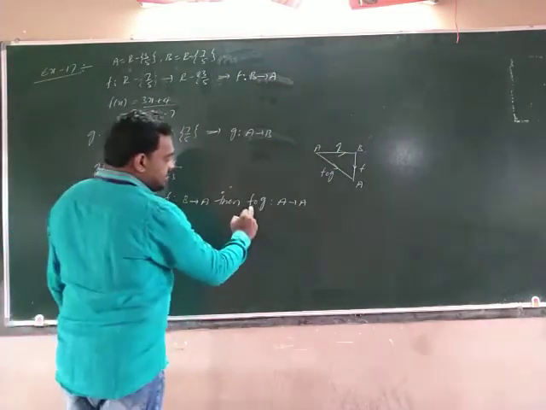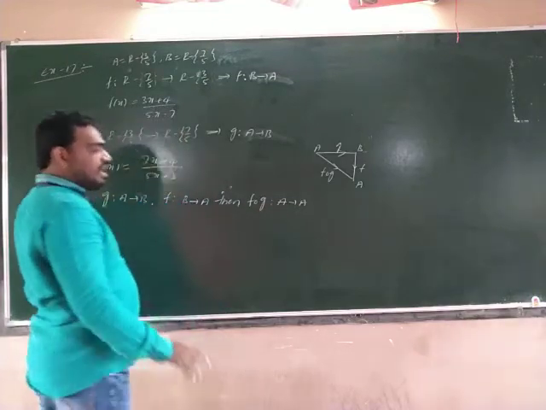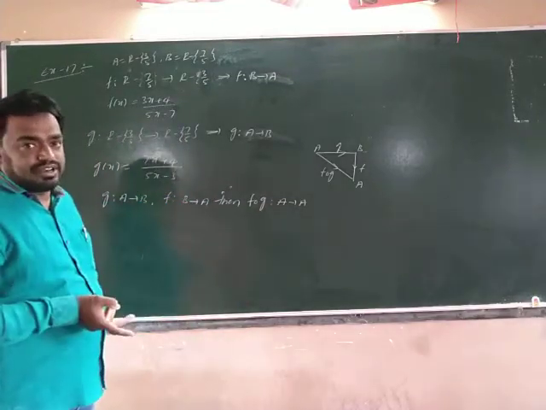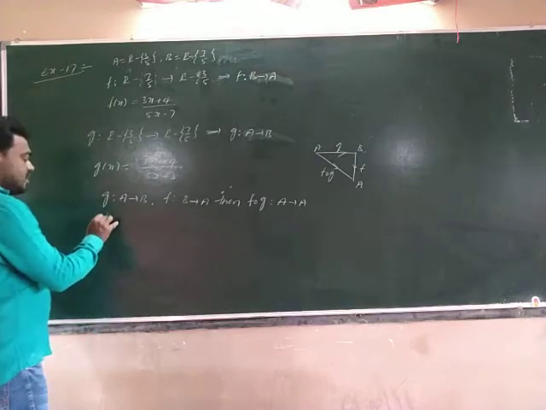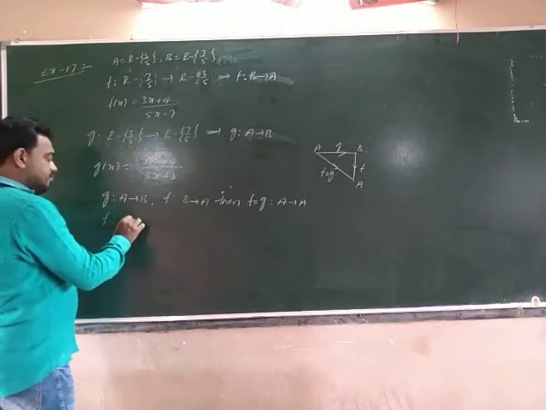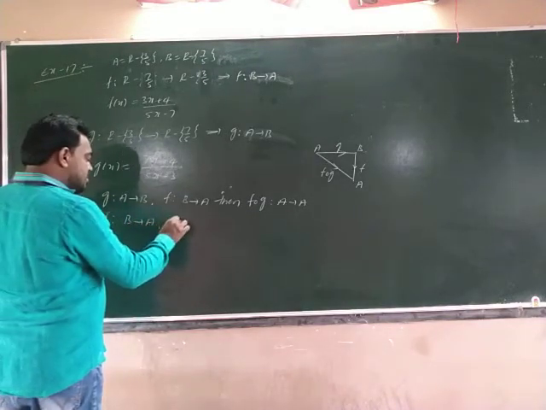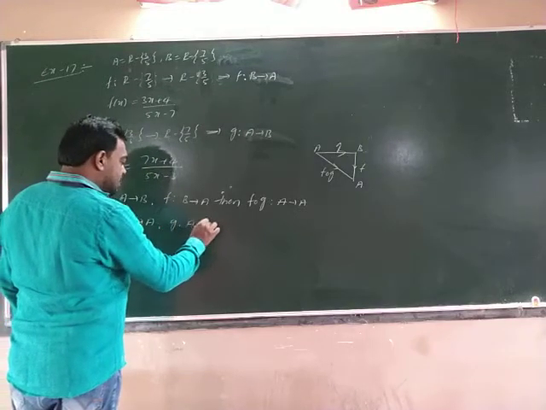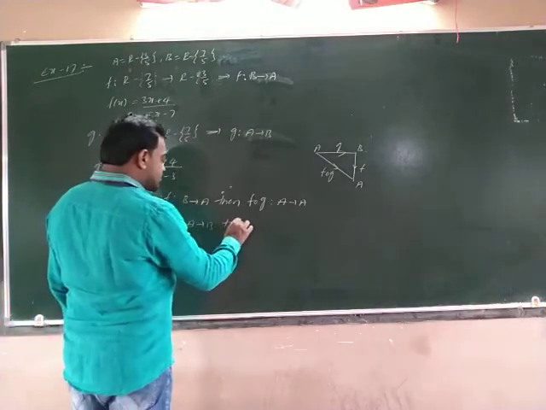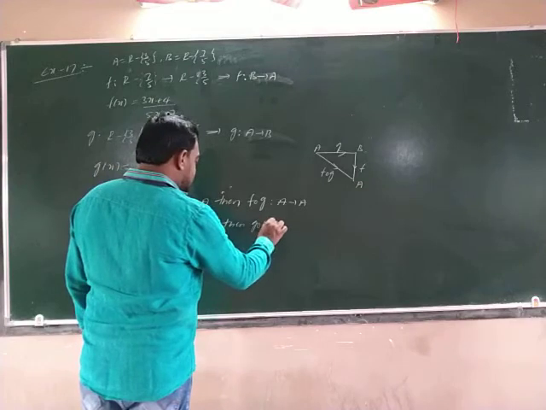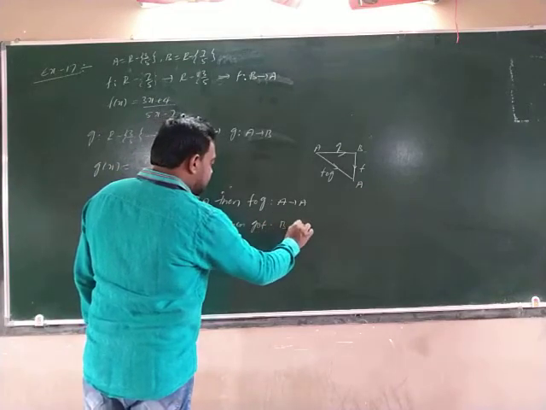So f circle g is mapping from A to A, and I_A is also from A to A only. And f is mapping from B to A, g is mapping from A to B, then g circle f is mapping from B to B.